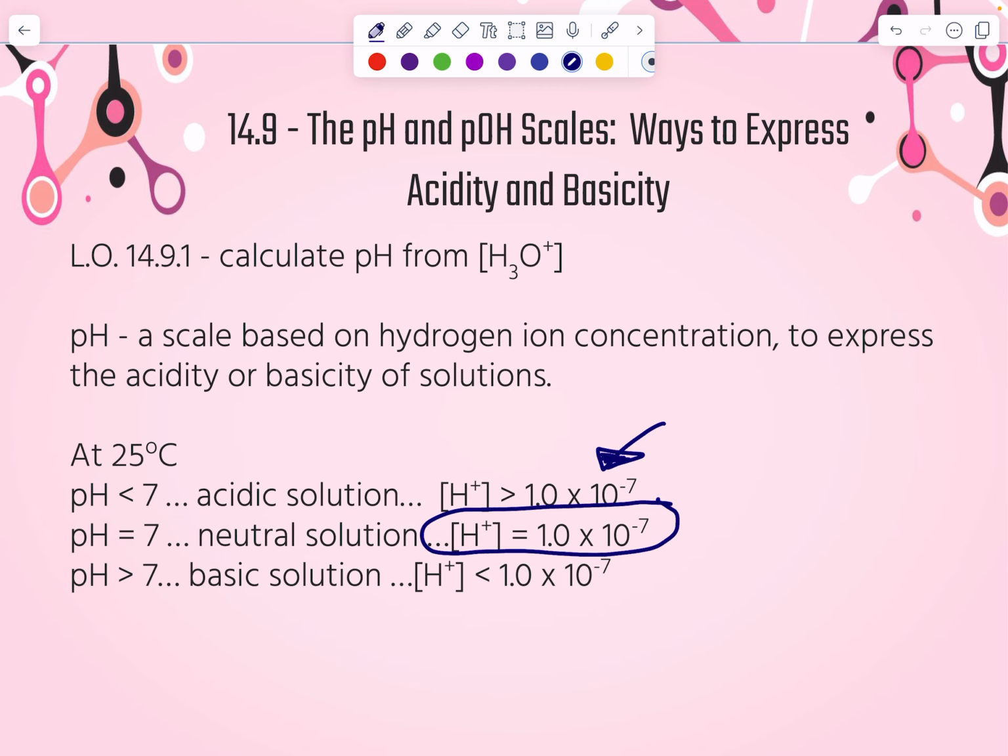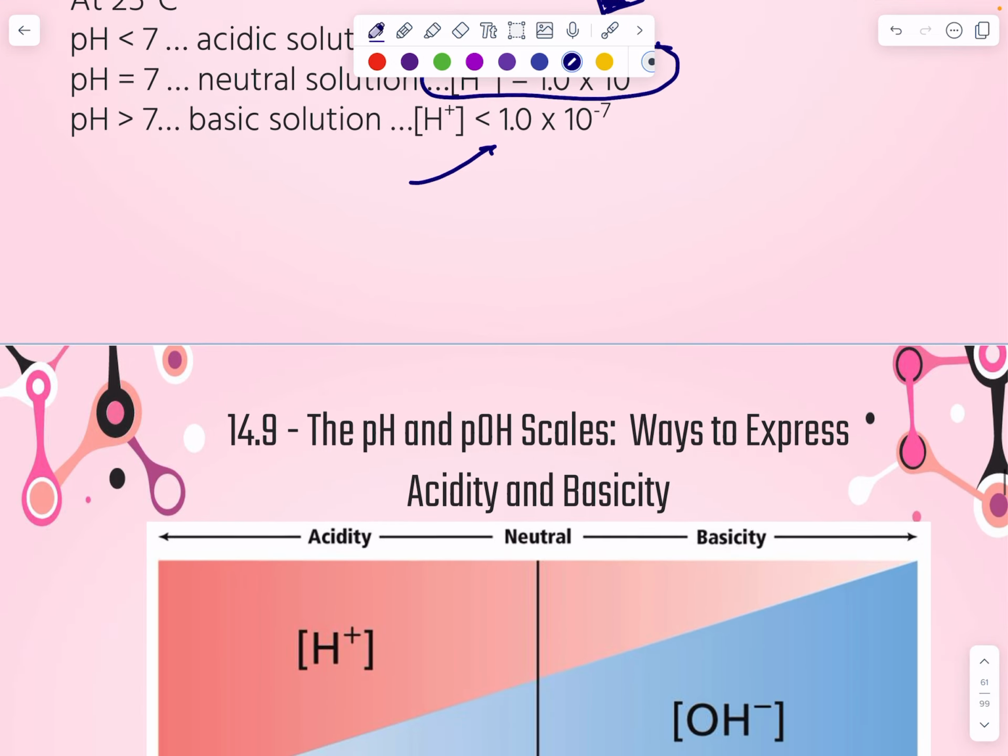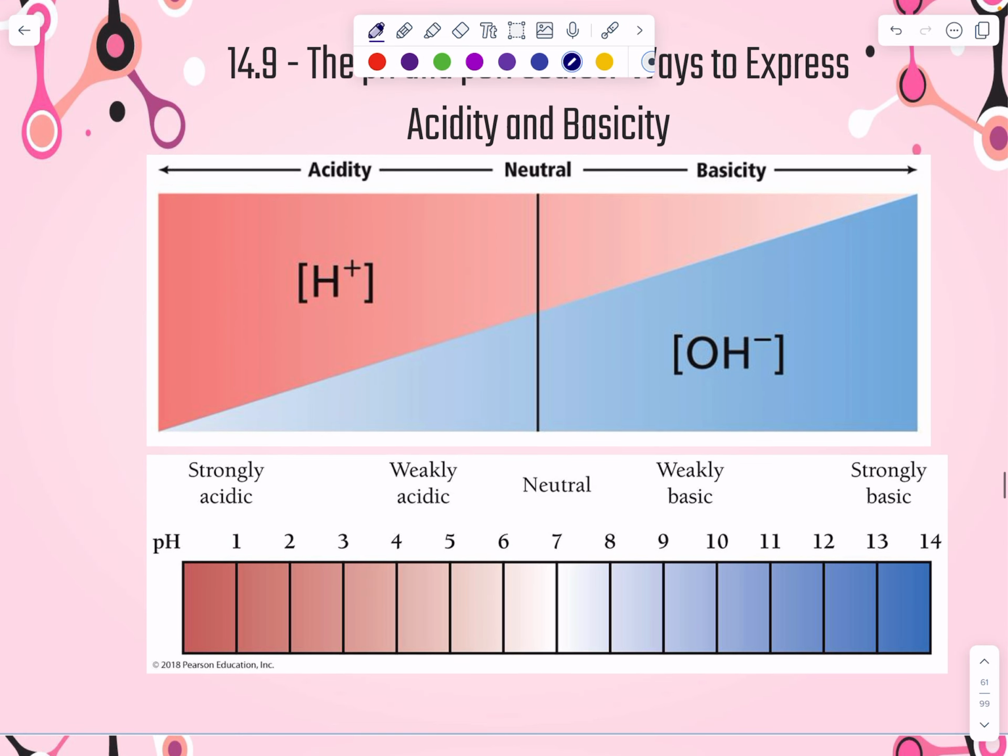And for it to be basic, it has to have less H plus than that. And this is graphically showing you that there's always some amount of OH minus and H plus. It's just whatever there is more of is whether it's an acid or a base. So even in a basic solution, yeah, there's going to be some H plus, but there's going to be way more OH minus. And neutral is when they're both exactly the same.